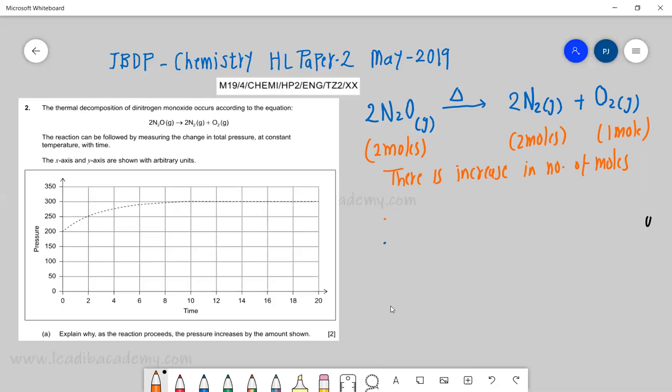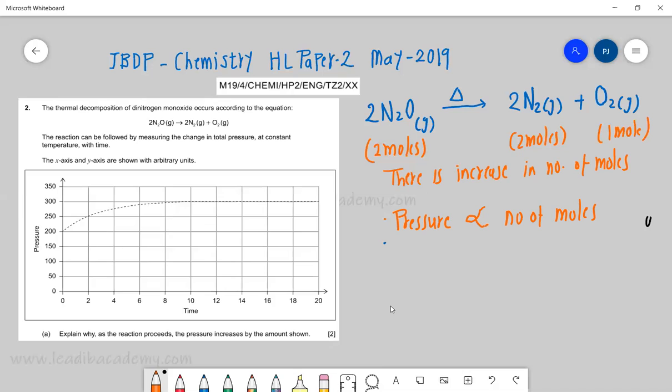Then we know very clearly that pressure depends on the number of moles. Why?